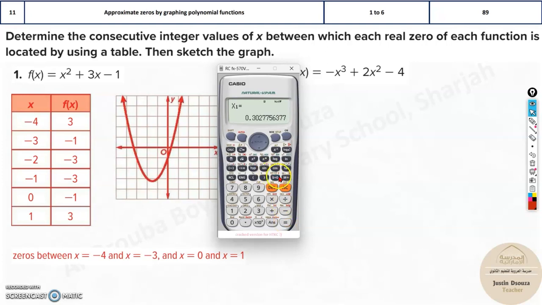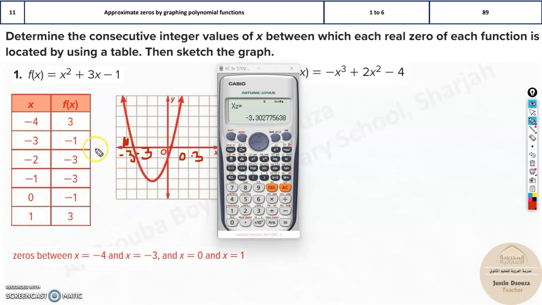Now the values are 0.30 and we have got negative 3.3. So you can see it's over here, negative 3.3 and positive 0.3. Where does this lie? In the calculator we directly get the x value, but in the approximation table method, we just get approximate values, isn't it?